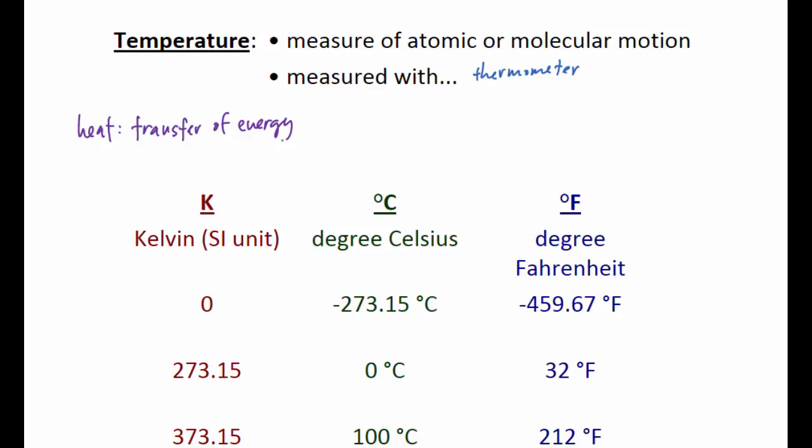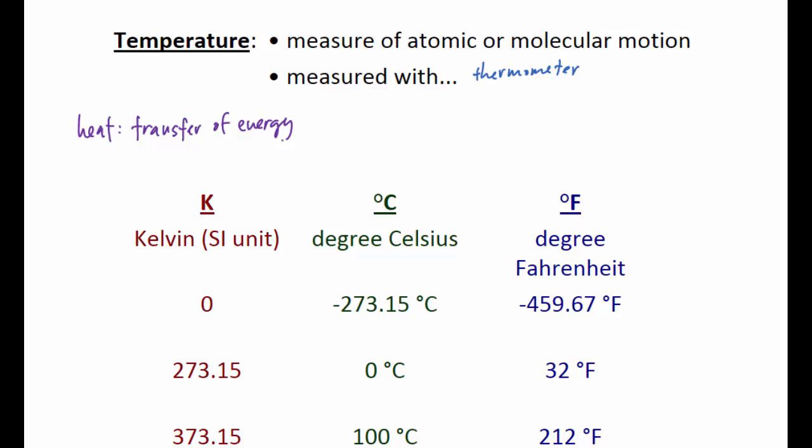From low temperature to high temperature, or high temperature to low temperature? What direction do you suppose heat flows? Think about that for a second. If you've got a hot object and a cold object, is heat going to go from the cold to the hot, or the hot to the cold? What do you think?